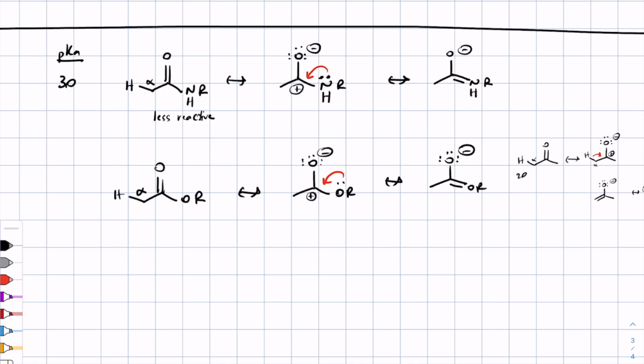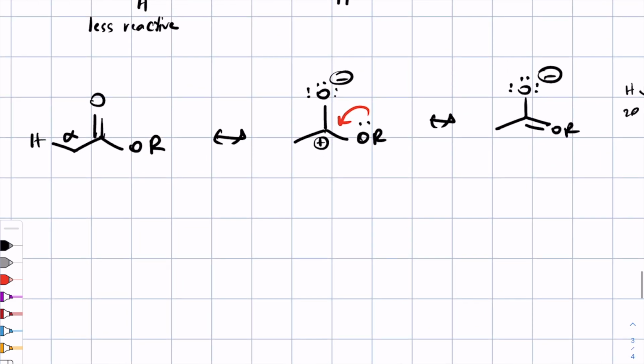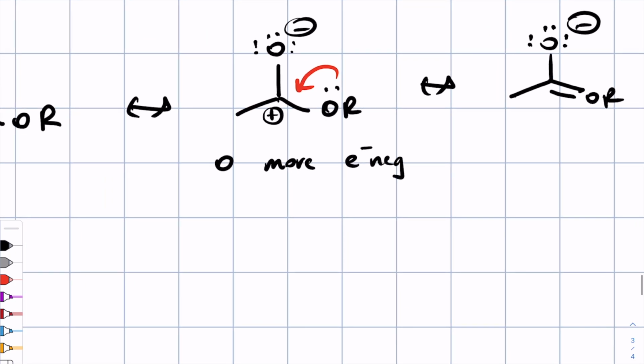Differences between ester and amide. Yeah. The O is more electronegative, so it's probably not going to donate as much. Right. Oxygen is more electronegative. That's my symbol for electronegative. More electronegative than nitrogen.